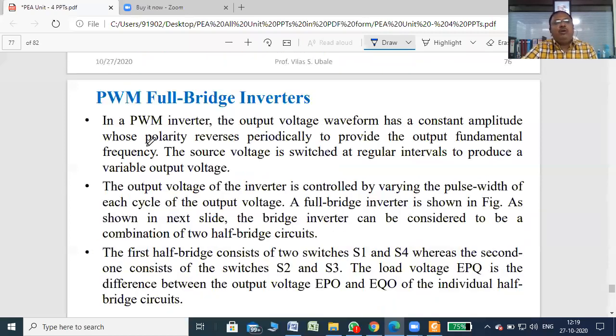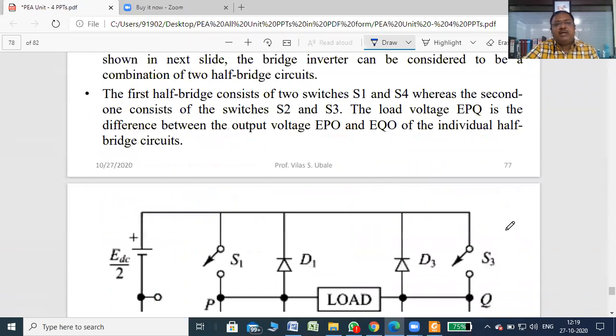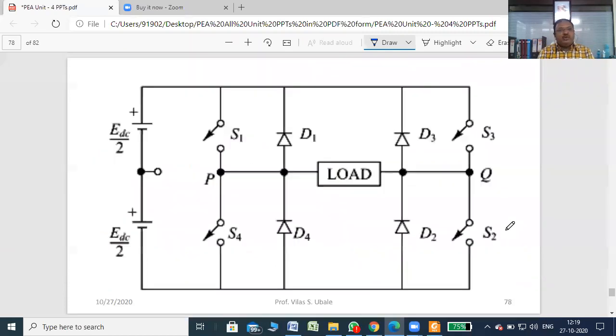Now, the PWM full bridge inverter. This is the circuit diagram. Now again check, this diagram is very similar to the single phase full bridge inverter, right? Already we have seen that. So anyone from the class, students who are present, can explain the working of this circuit.